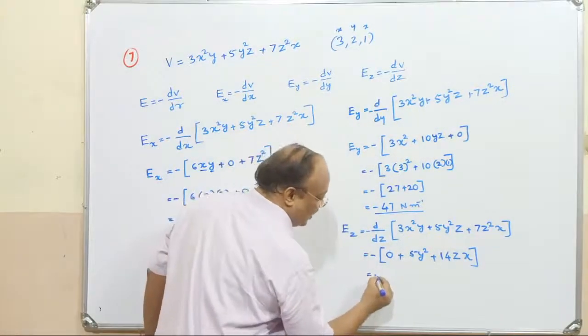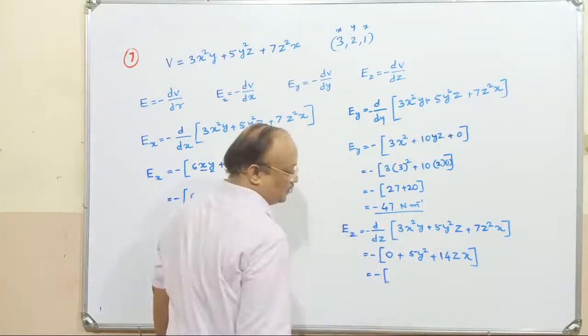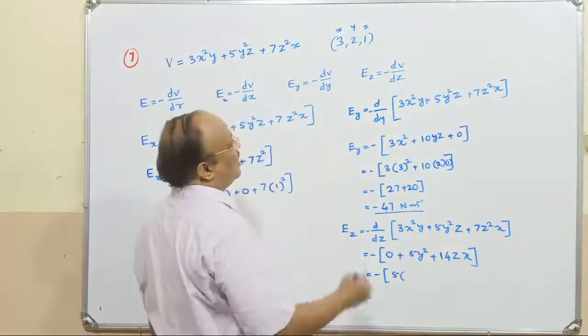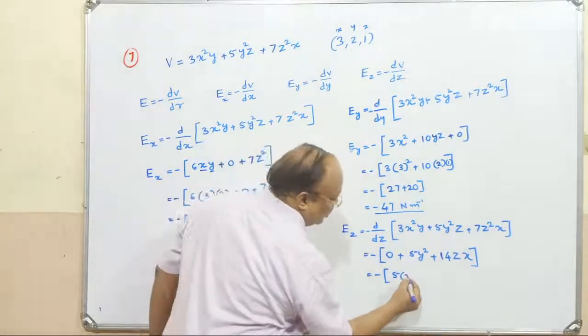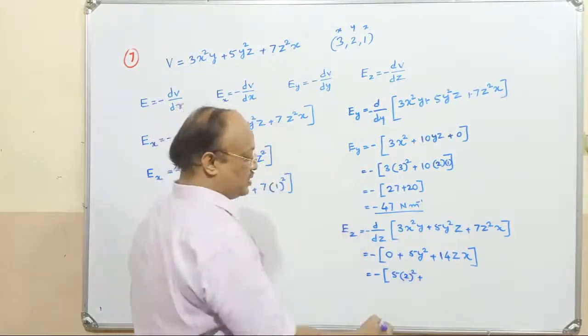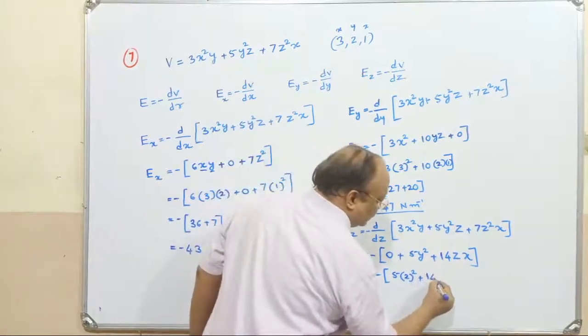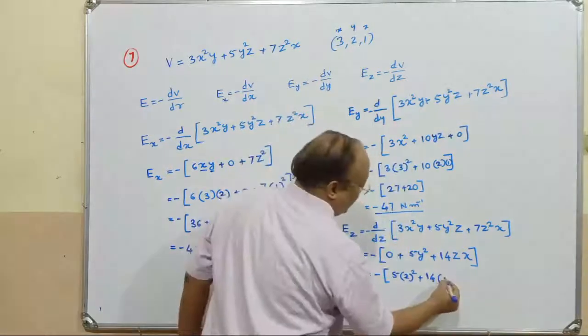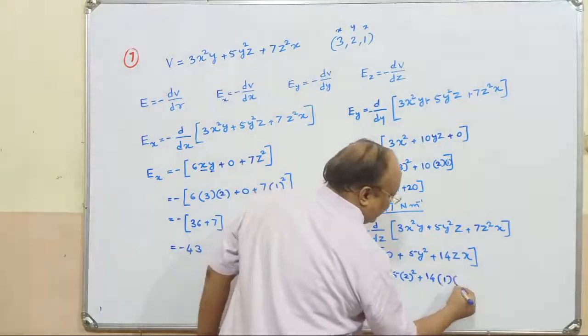So this will be minus of 5 into y square. Y square is 2 square plus 14, z is 1, then x is 3.